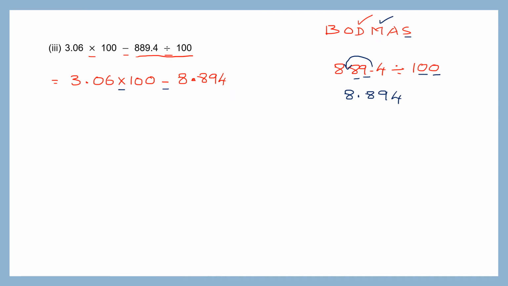So let's do the multiplication of this step. So that is 3.06 into 100. 100 has two zeros, so my point moves two places to the right and comes here. So what do I get? 306.0 or simply 306.